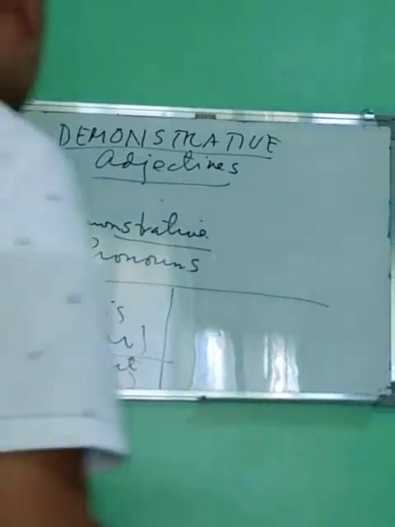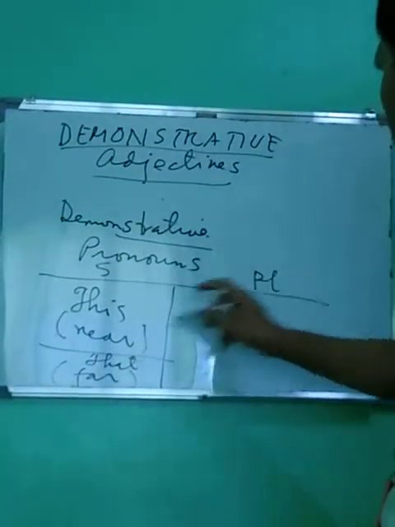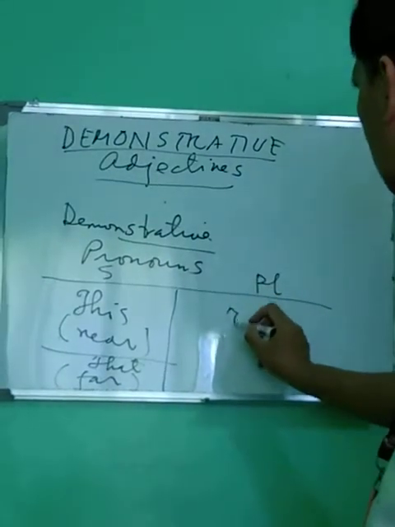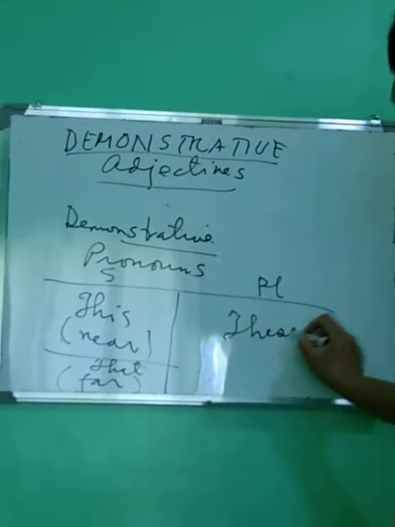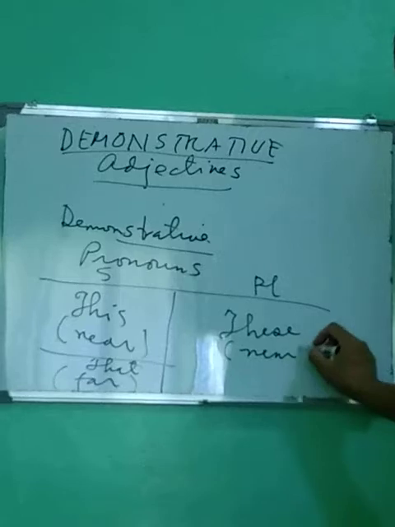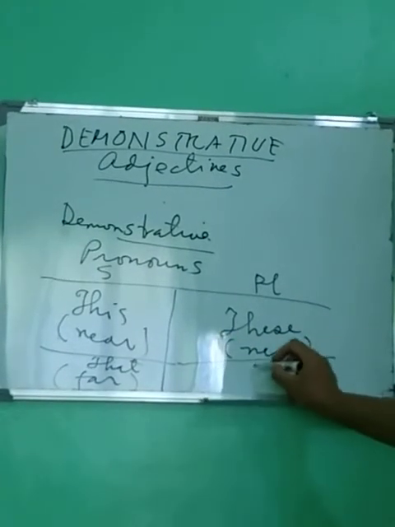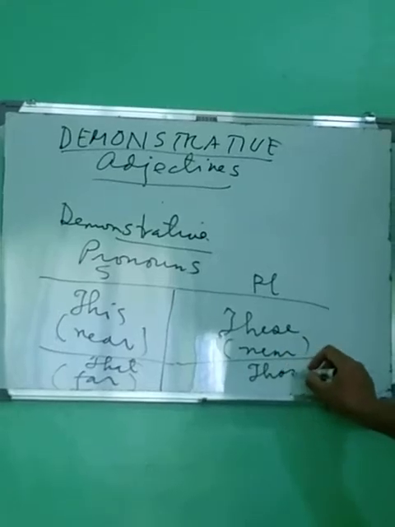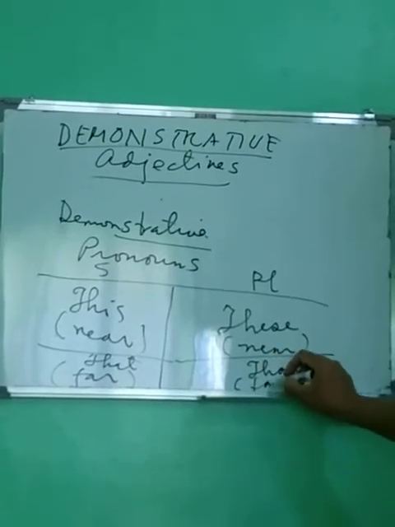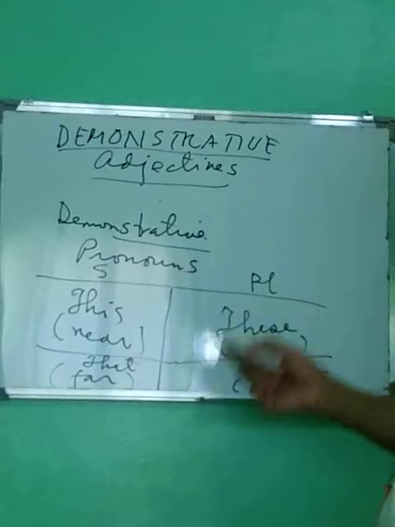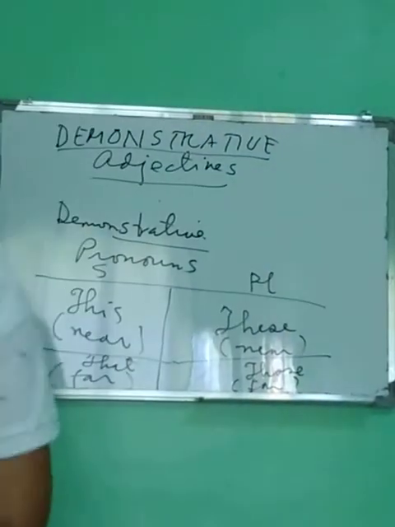So these are in singular form. The plural of this would be these, near. Plural of that would be those, which is far. Now remember that these are pronouns.